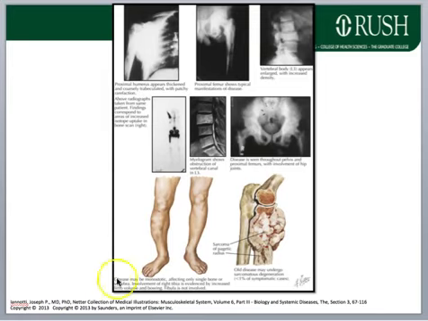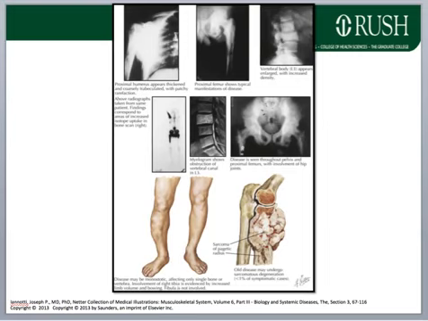The one inset here is actually a bone scan, and in the bone scan increased metabolic activity is noted by these black areas, and you can see increased metabolic activity in the pelvic area, in the upper right femur, and in the proximal humerus bone.